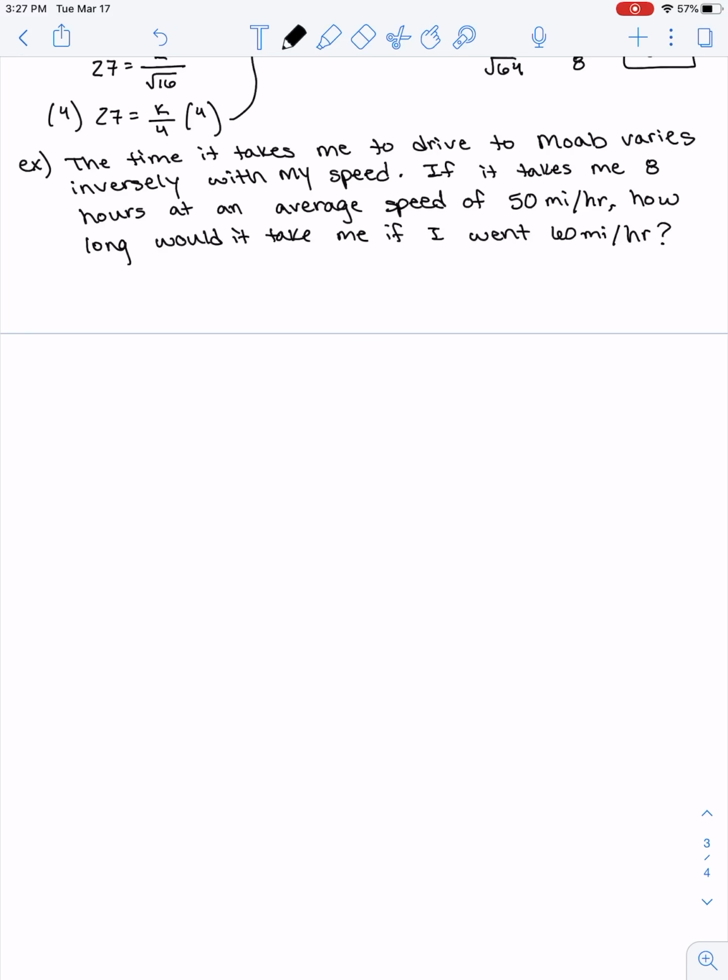Okay, so time is inversely proportional to speed. So if it takes me 8 hours if I'm going 50 miles per hour, then that means that k is equal to 8 times 50, which is 400.